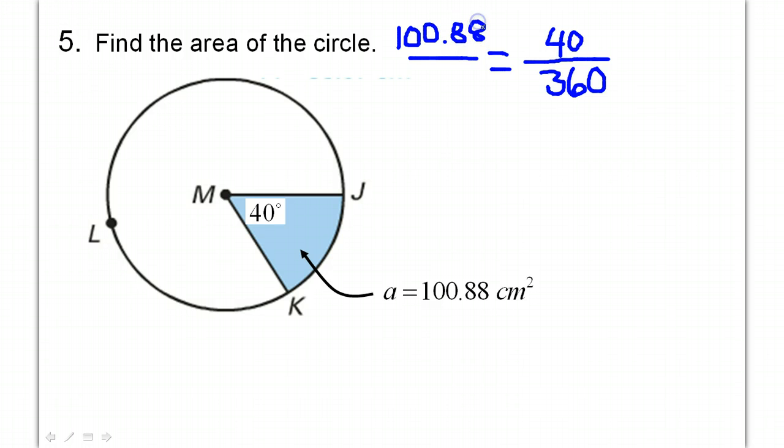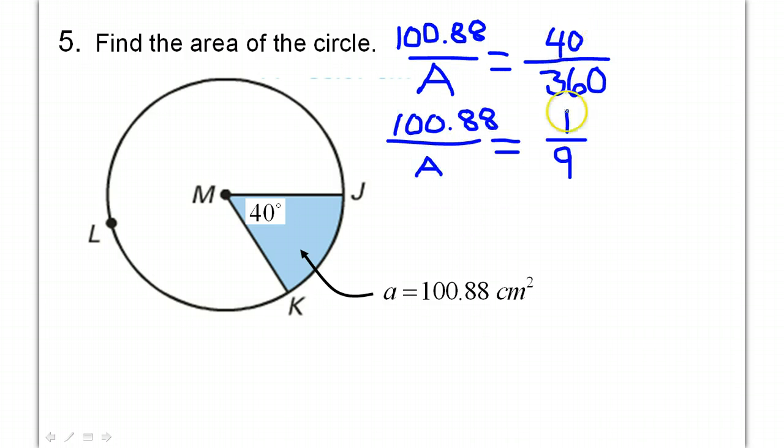In the bottom, I'm just going to put A. Capital A, representing the area of the whole circle. I like to use a lowercase a to represent the area of the sector, but that's just me. Time to reduce the fraction and cross multiply. The fraction reduces to 1/9. If I cross multiply, well, look at that.